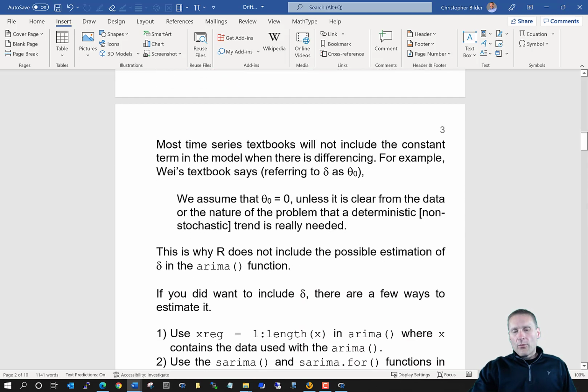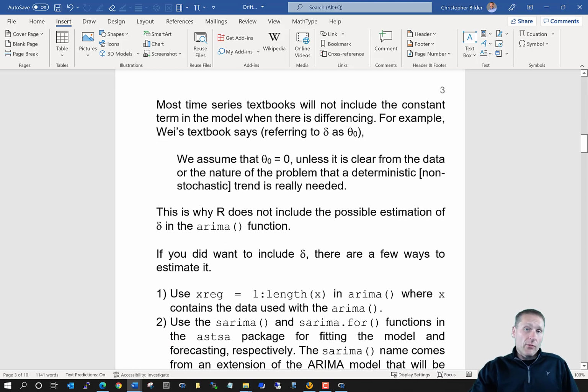Now, most time series books, and in fact when I took a time series class in graduate school, often don't even talk about this delta, the possibility that it can occur. They don't talk about how to estimate it. For example, one of the main books that I used in graduate school, and there have been subsequent editions released since then, is this book by Wei.